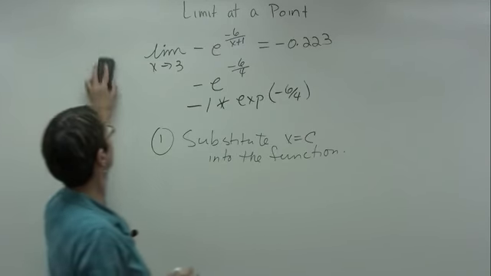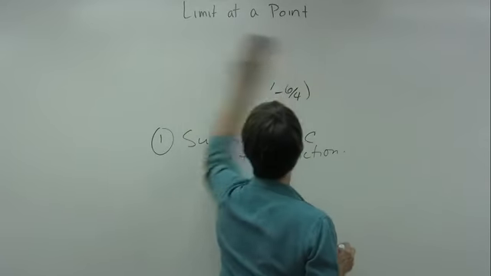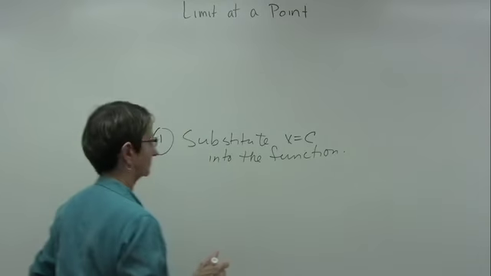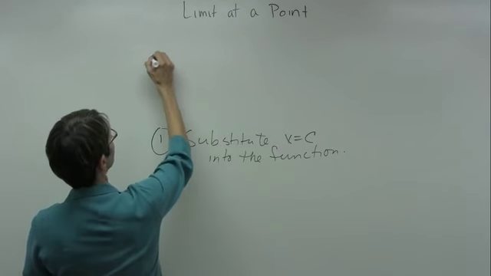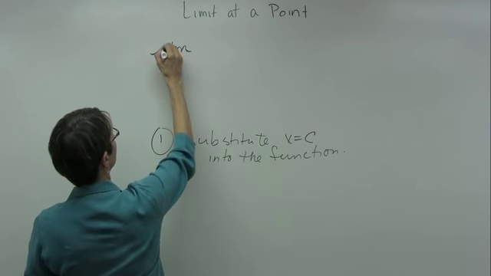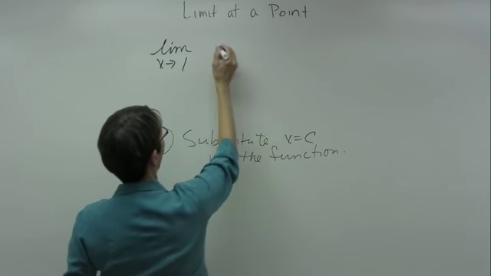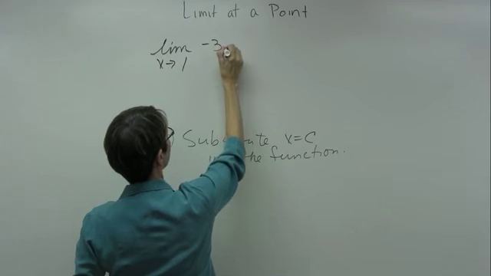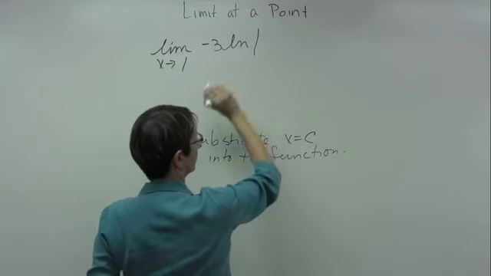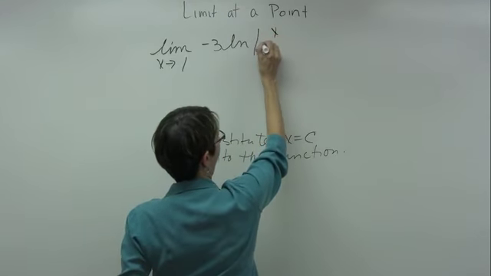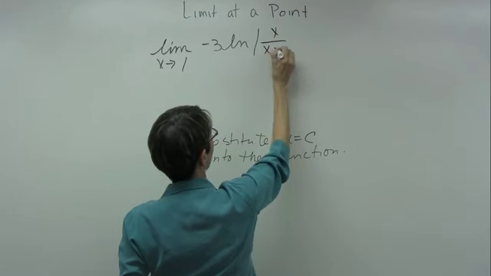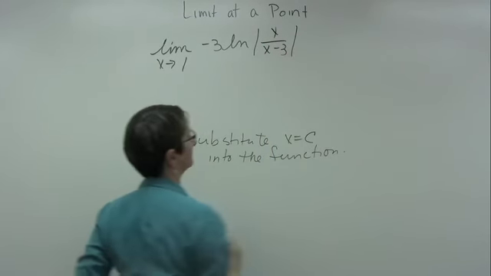Let's look at another one. Limit as x approaches 1 of -3 natural log of x over x minus 3.